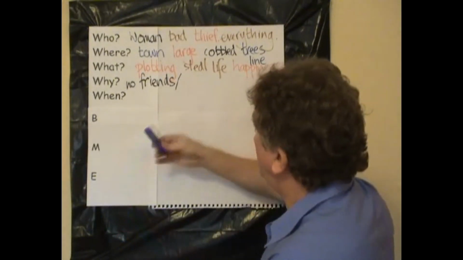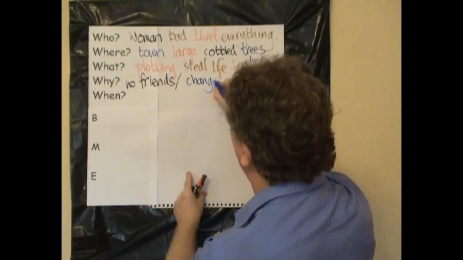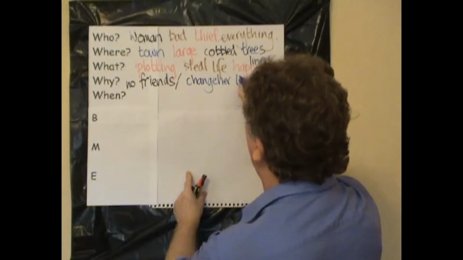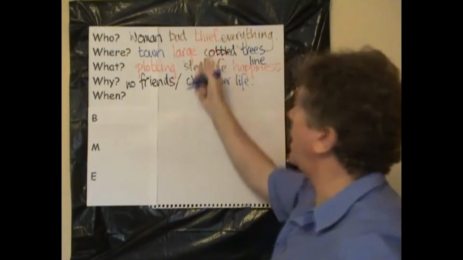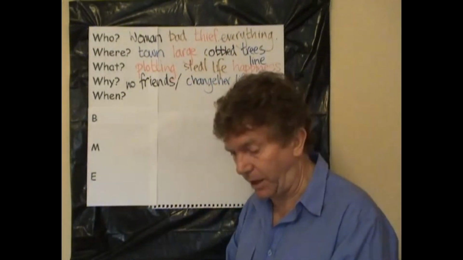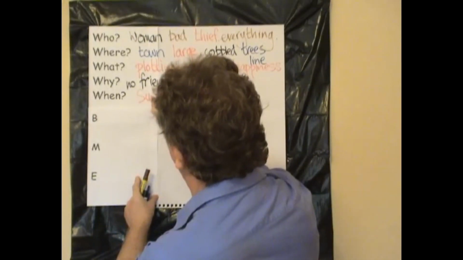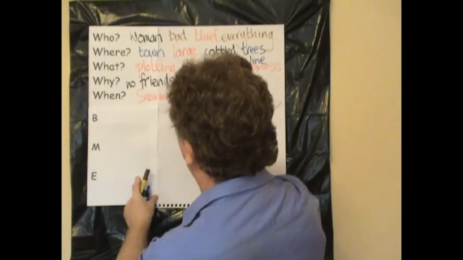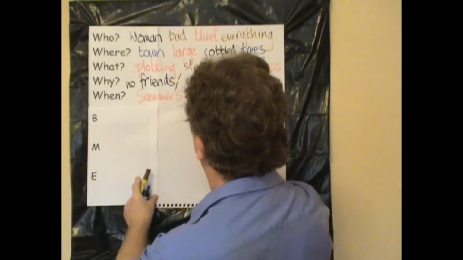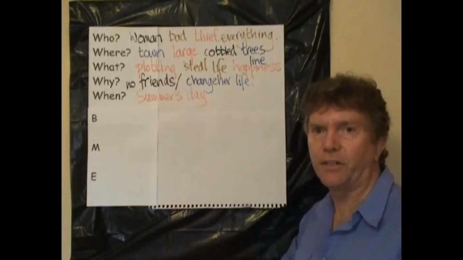And here it's because she wants to change her life. Not perhaps that she doesn't want to stop being a thief, but she wants to change her life, and that could be something that she's actually saying to herself. And she's taking all of this on a summer's day. Why not? Terrible things happening in the brightness of a summer's day.